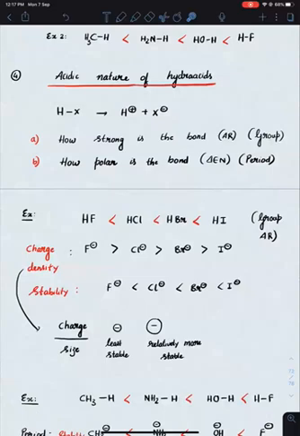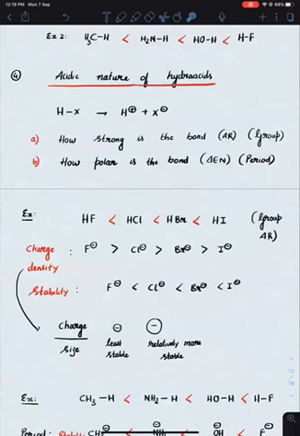So what happens is, whenever I am putting this particular HX in water, it will be dissociating into H positive and X minus. X minus being negatively charged and H positive being positively charged, there will be attractive forces between these two.